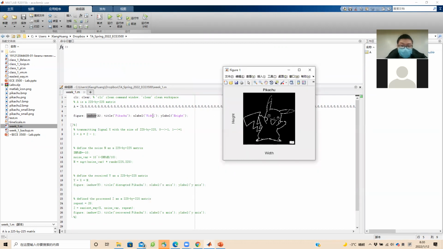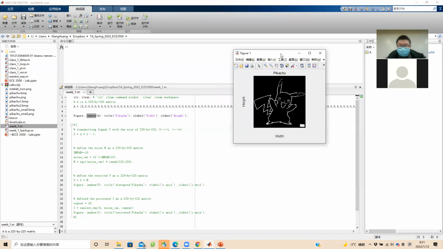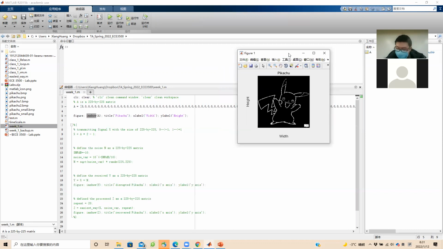Here I have titled this picture Pikachu, and also used the X and Y labels. The x-axis is the width, and the y-axis is the height. Suppose that this is the information we want to transmit.